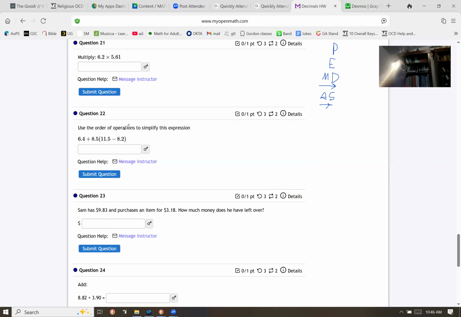Correct. We need to do the subtraction, which is in the parentheses first. Now remember, when you are adding or subtracting decimals, well, you tell me, what do you have to remember to do?